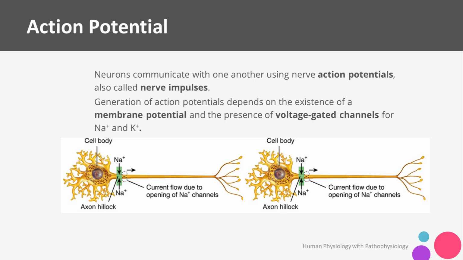The action potential is stimulated by a graded potential that depolarizes the axolemma to threshold. The threshold, or the minimum requirement for an axon, is negative 60 to negative 55 millivolts. It means that if we want to have an action potential, we need the membrane potential to change to at least negative 60 or negative 55 millivolts.